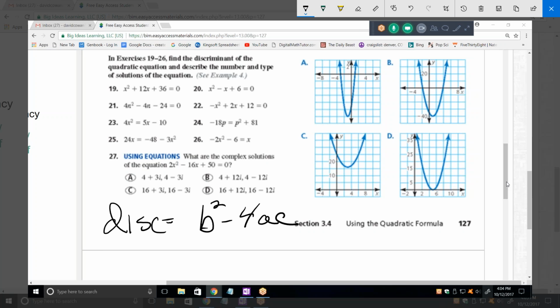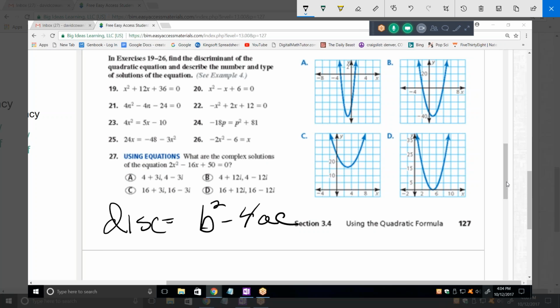And everything hinges upon whether that's positive, negative, or equal to 0. If it's negative, we're taking the square root of a negative number, so we'll have nothing but complex answers. If it's positive, we'll have real answers, 2 of them. And if it's exactly equal to 0, then we'll have exactly 1 real solution.